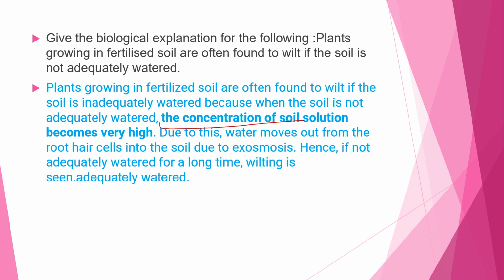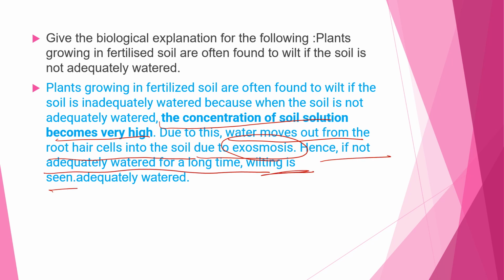The concentration of the soil solution becomes very high, and due to this the water moves out from the root hair cells into the soil due to exosmosis, and hence if not adequately watered for a long time, wilting is seen.